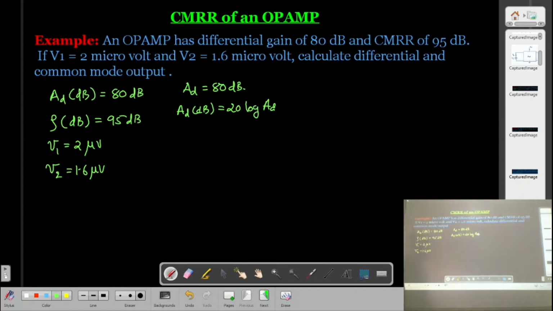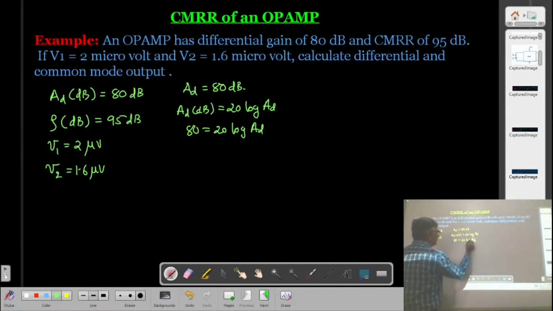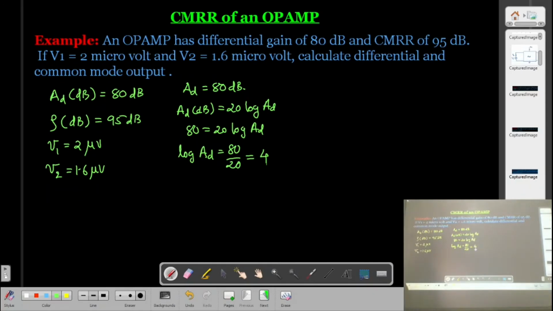So 80 equals 20 log AD, so log AD is equal to 80 divided by 20, and that will be 4. And if we take the anti-log, then AD will be equal to 10⁴.